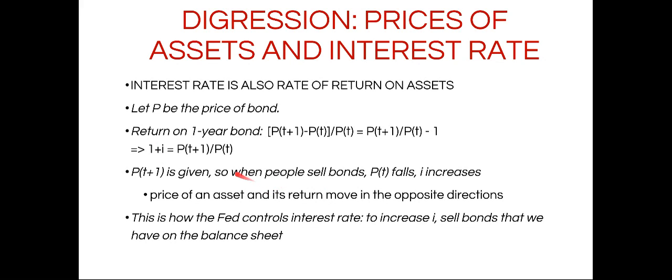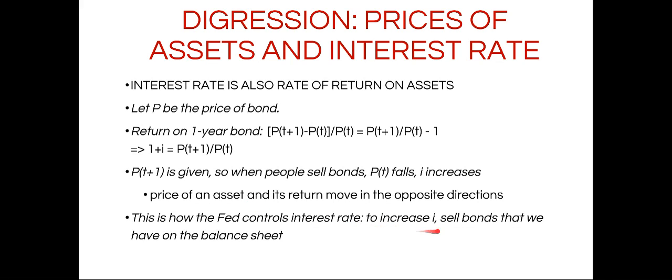Why is that? Because you get the same amount tomorrow, but if today you pay less, then it means you get a higher return during the year that you own an asset. So remember this: the price of an asset and the return of the asset move in opposite directions, and that's going to resolve some of the confusion that's bound to arise as you think about those issues.